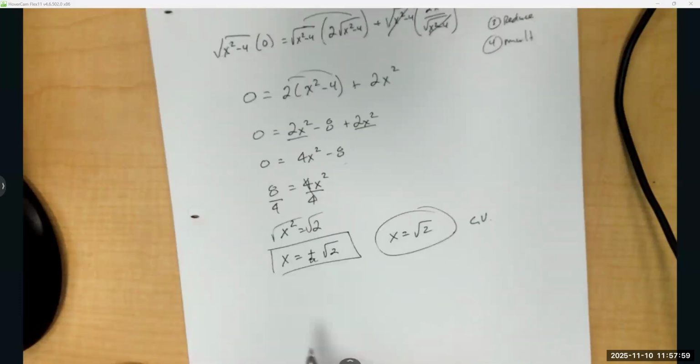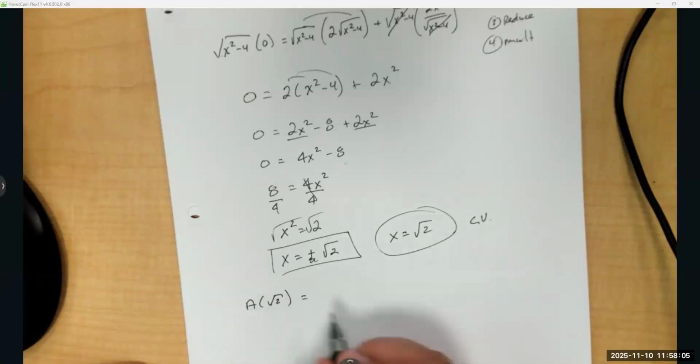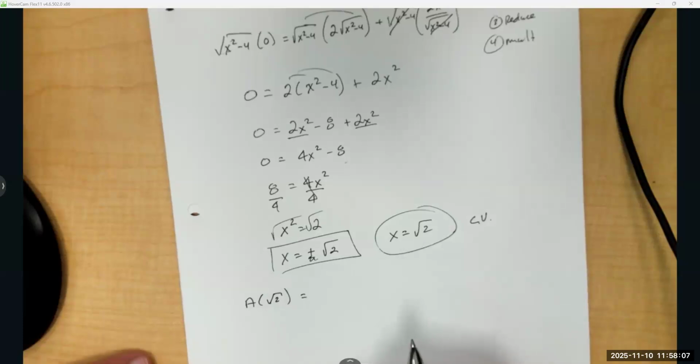Right. So we plug it into the area of the original equation.